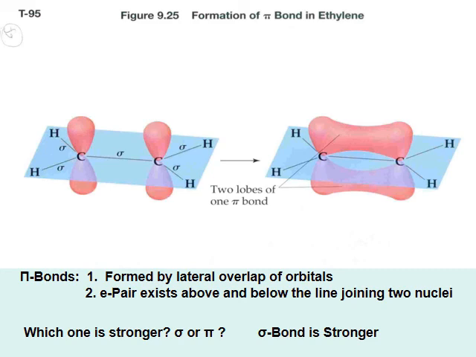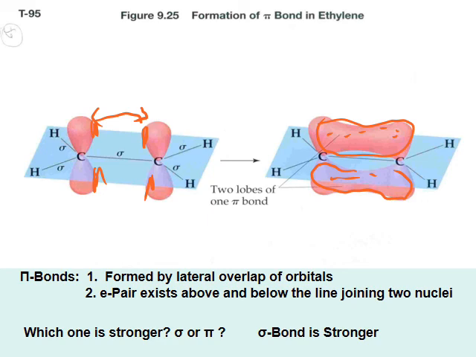In this slide, we are showing you a pi bond. As I said, these two orbitals are not that far from each other. They're closer, so there's a slight overlap along the side. And that gives rise to this kind of orbital, and electrons can move around on the top or on the bottom. So that gives you a pi orbital.